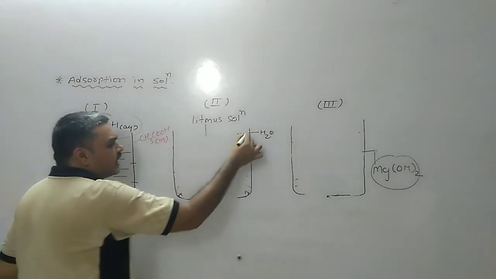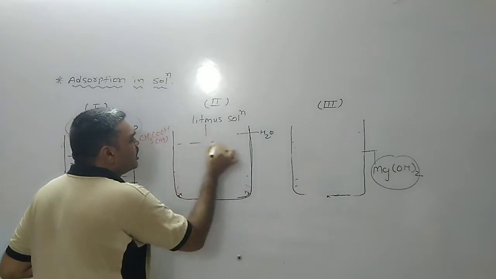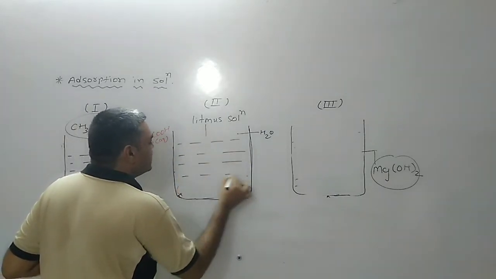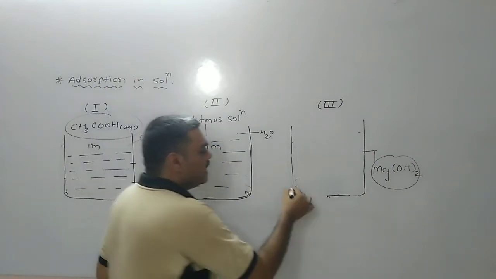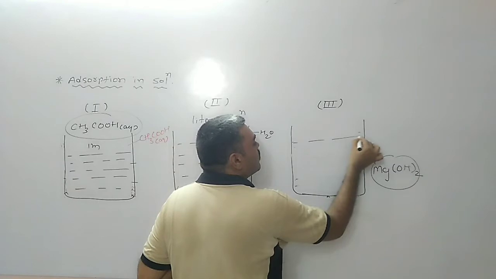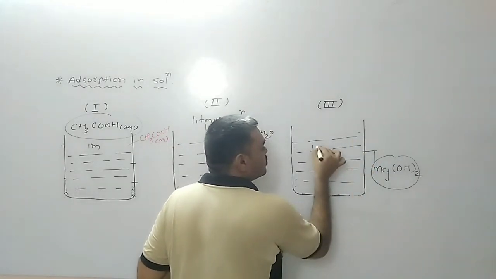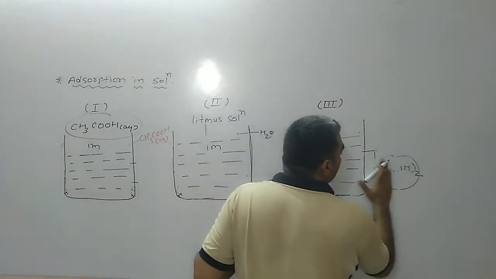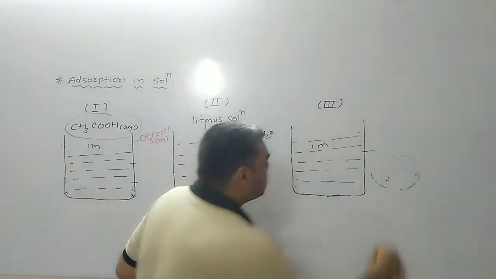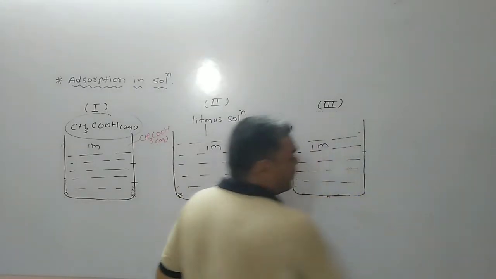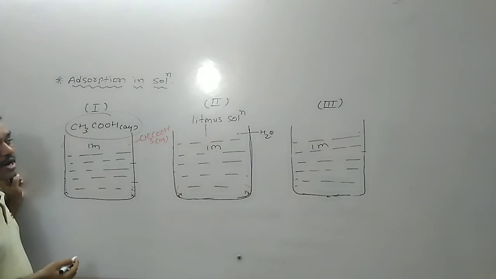Here also you will take a 1 molar solution of acetic acid. In the third beaker also you will take a 1 molar solution of acetic acid. Then you will use a different area of adsorbent.